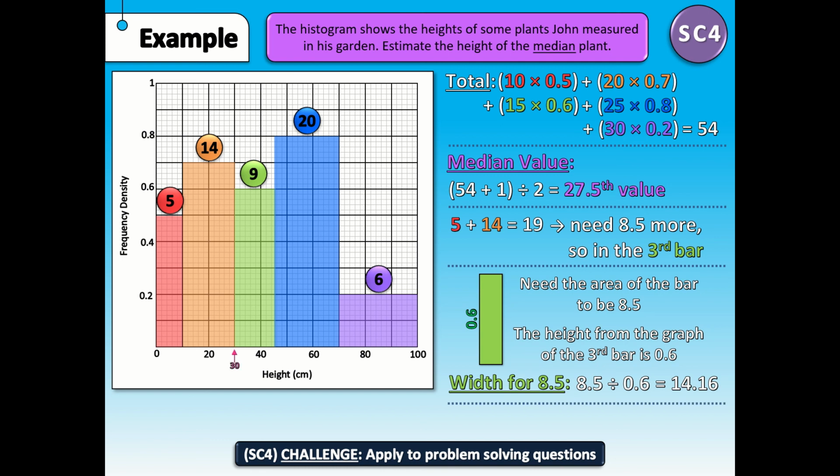So we add that on to 30. So that's 44.16 centimeters. So the median plant would be 44.16 centimeters tall.